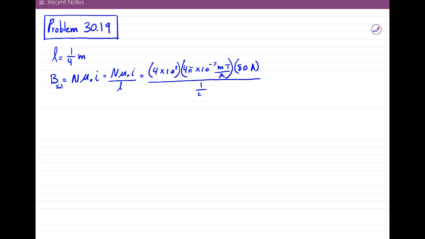Okay, let's check the units first. These amps cancel, these meters cancel, you're left with Teslas, that's right. So this 4 comes up top: 4 times 4 is 16, times 4 is 64, times 8 would be 512. So this would be 512 pi times 10 to the negative 4.